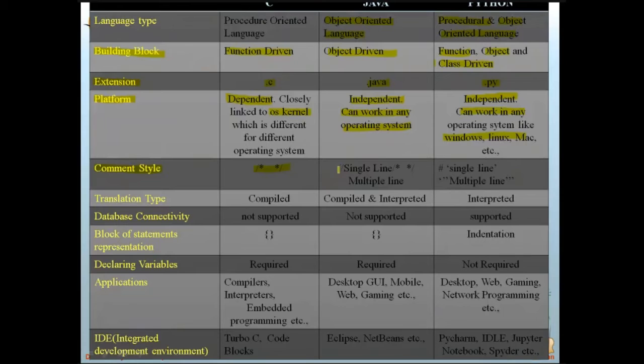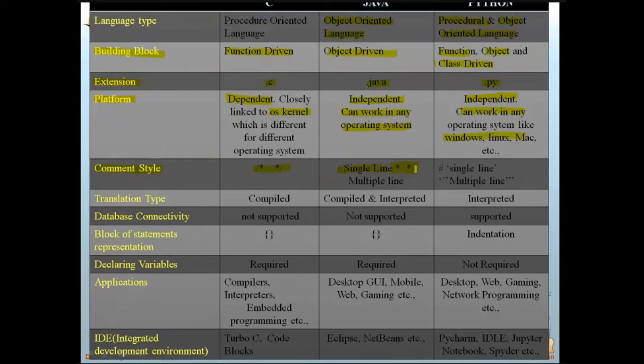Coming to Java, the indication can happen either way. If you put your double hash, you write a single comment line, and if you want to write multiple comments, then like C, you put hash star, and once you write your multiple comments, that has to be ended again with star hash. This is how commenting works in Java.